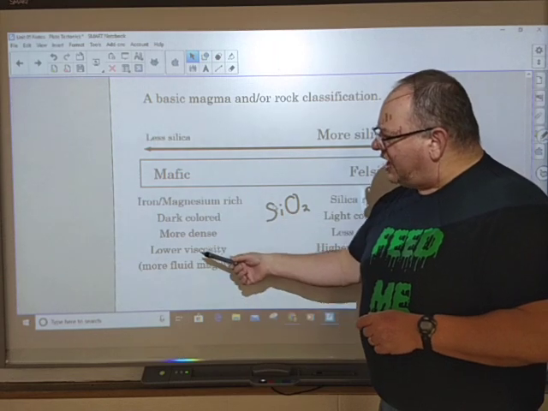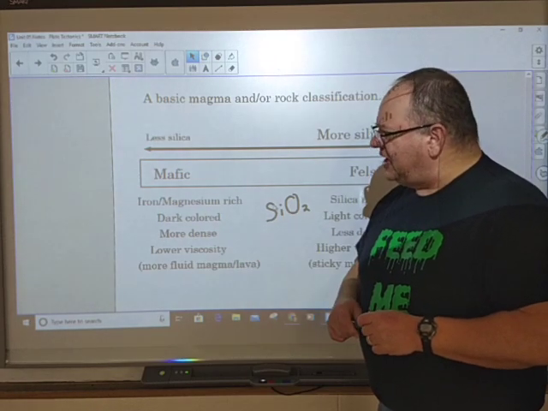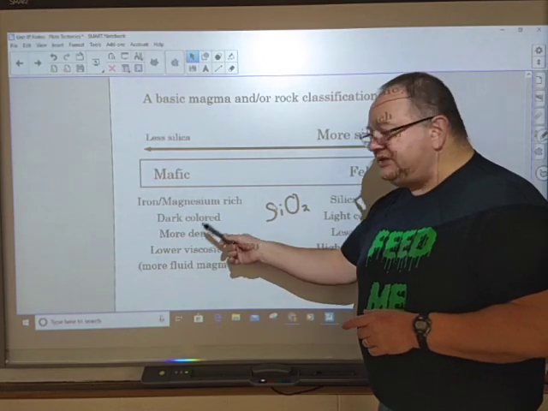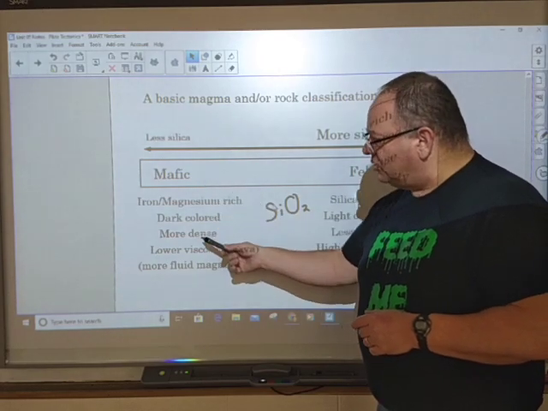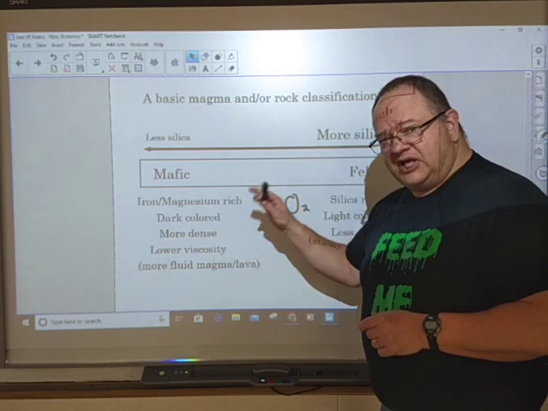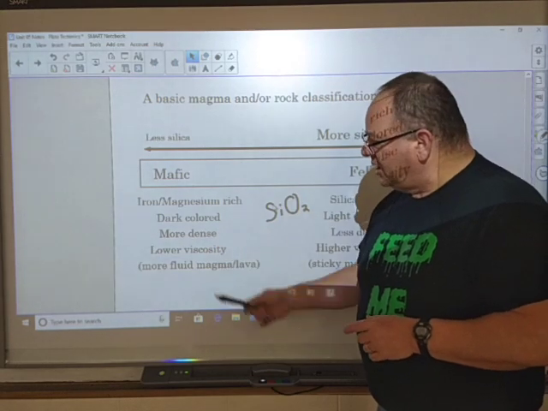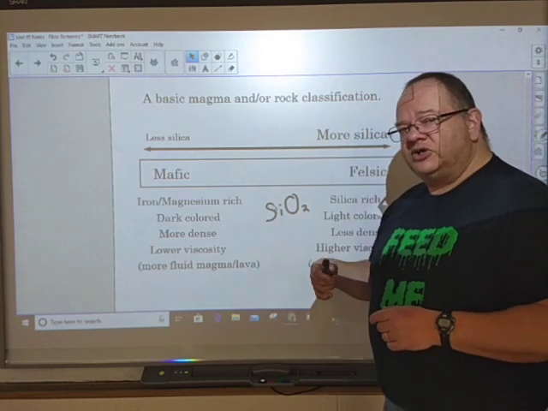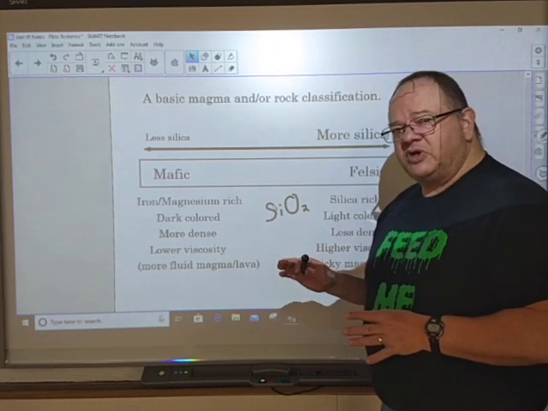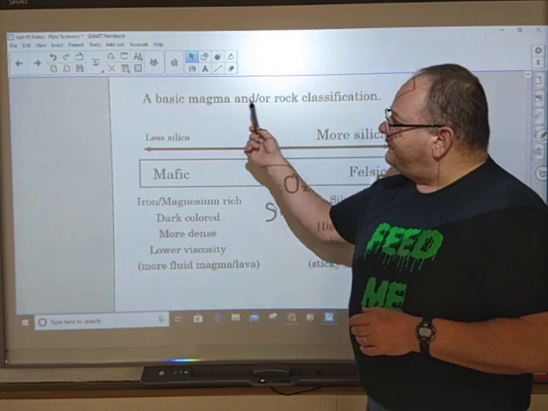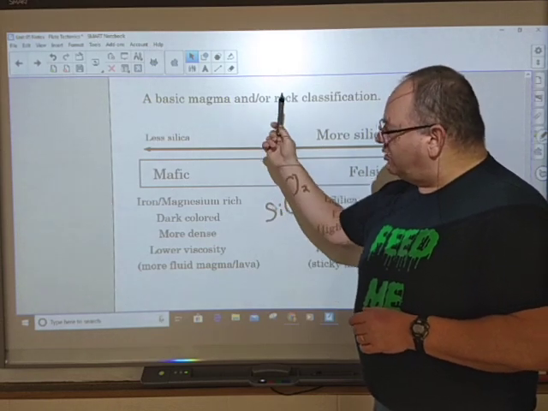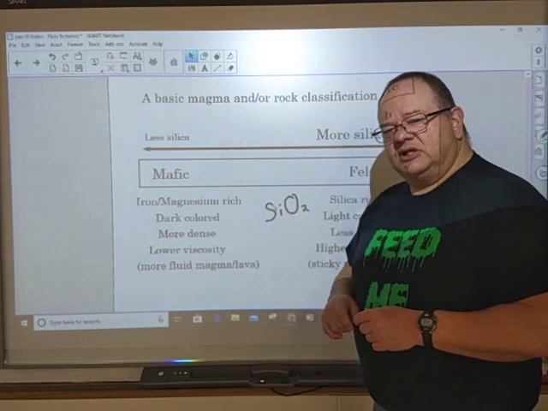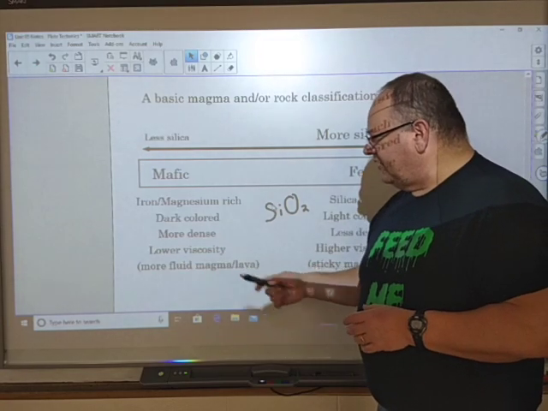What they're going to look like is mafic materials tend to be darker in color. They're more dense. Mafic rocks are more dense, and this is one of the significances that we're going to use. Later, when we talk about volcanoes, if you melt the rock into magma or lava, mafic lava has a lower viscosity.